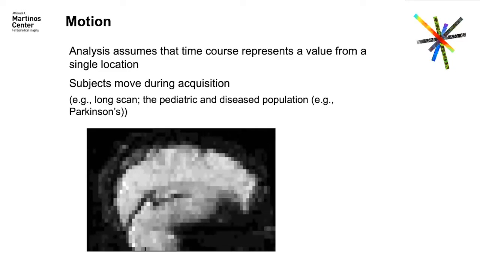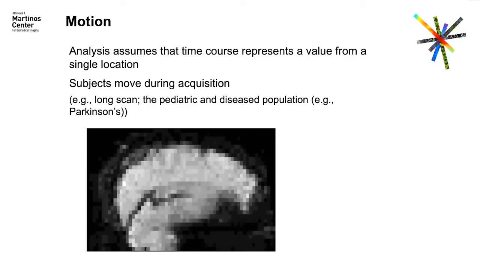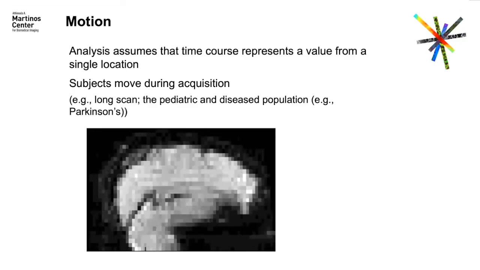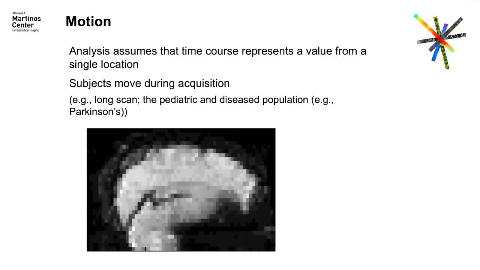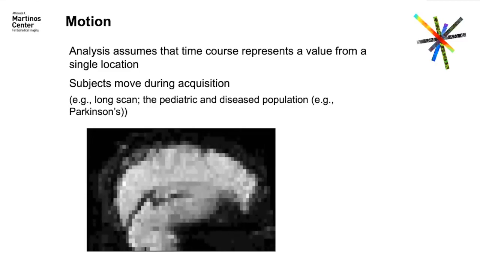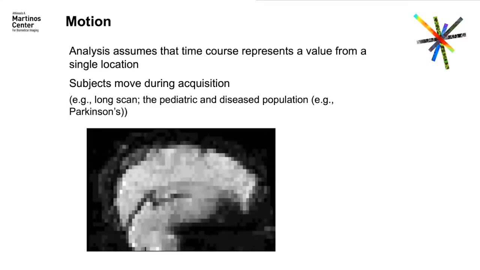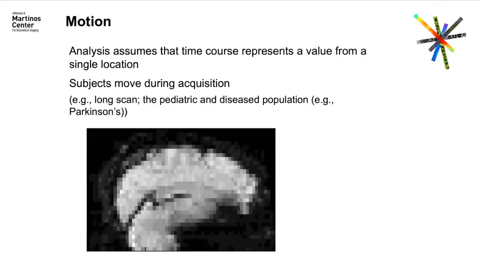However, even the best subjects usually move during the scan, and this happens especially with long scans, or if we have a special population to be studied, for example kids, or patients who have some condition so that they cannot really control their movement. Then the motion can be quite prominent.